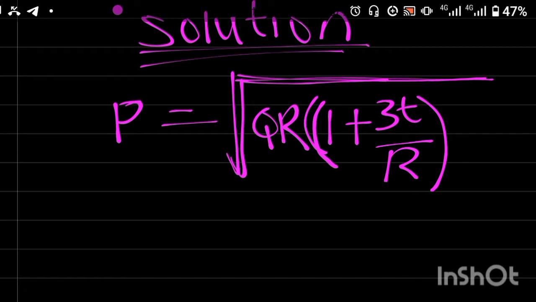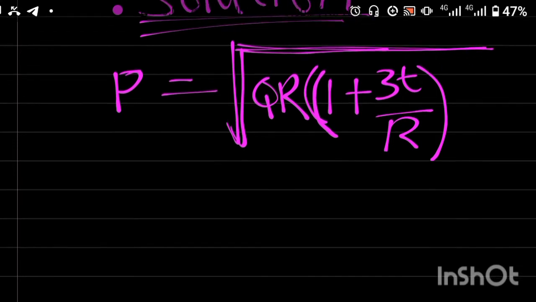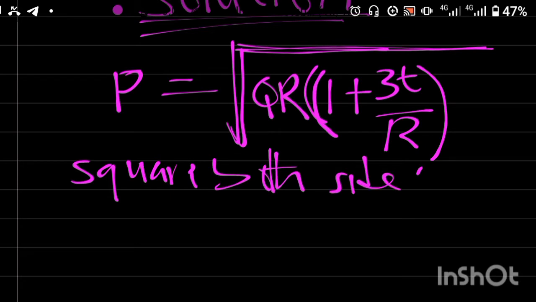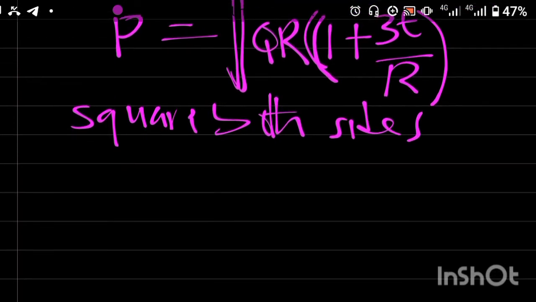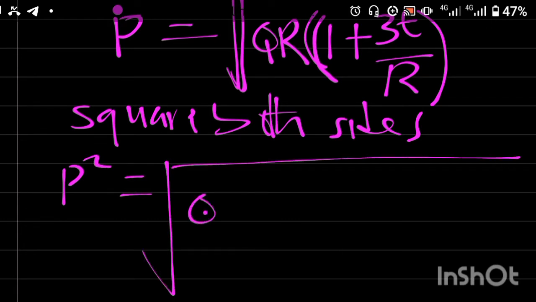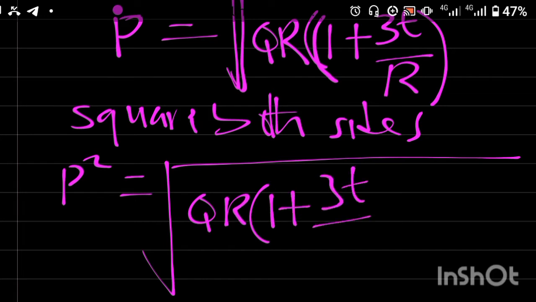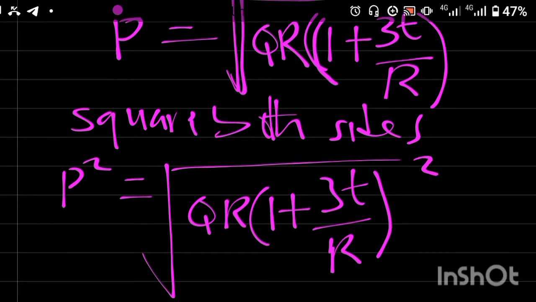So how do I remove square root? To remove square root, I have to square both sides. Always remember, to remove square root, you square both sides. So we are going to have P square is equal to square root of QR into 1 plus 3t over R, then square.